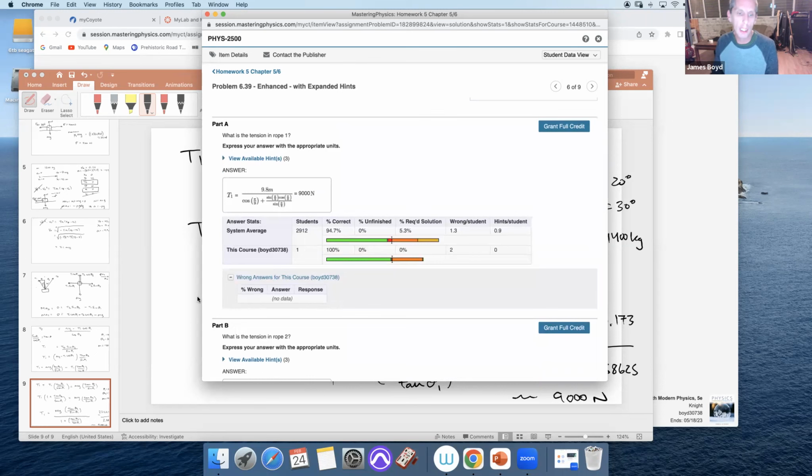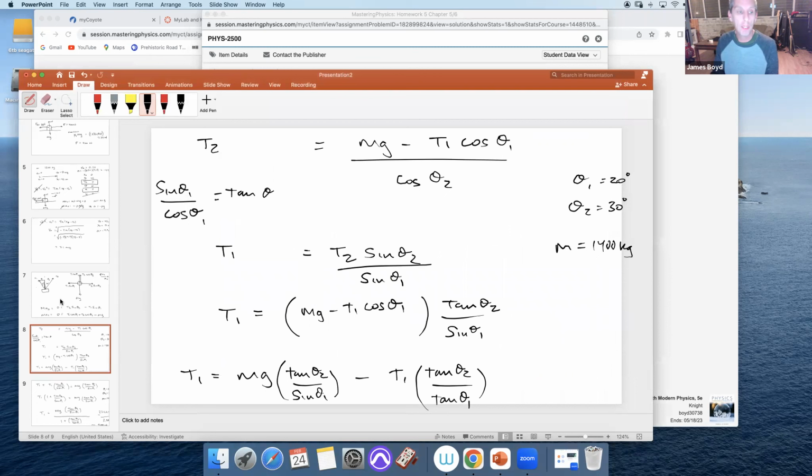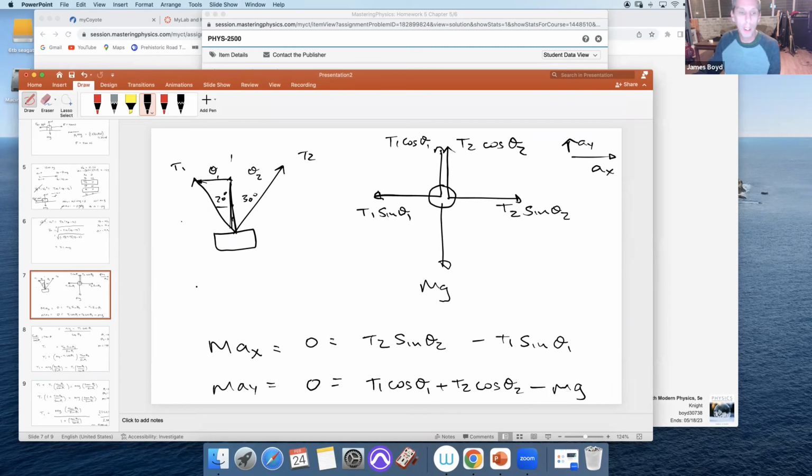What is the tension in rope 2? And that's easy. If we go back now, we know that T2 sine theta 2 is T1 sine theta 1. Divide both sides by sine of theta 2. T1 was 9,000.